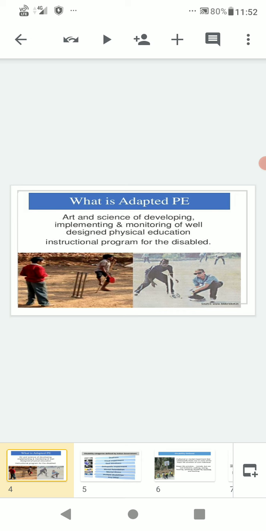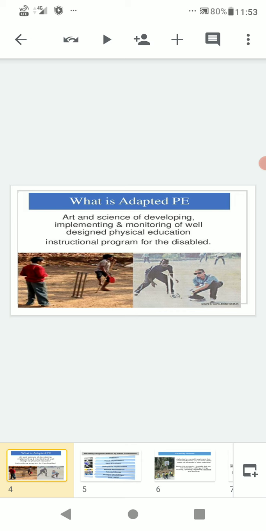In fact, its aim is to provide equal opportunity to the differently abled students to participate in physical education programs safely and successfully in a least restrictive environment.